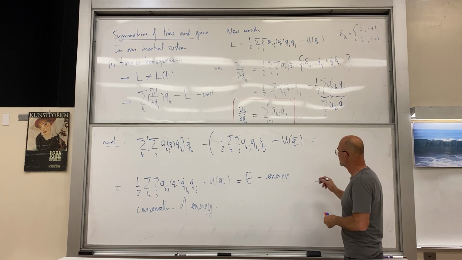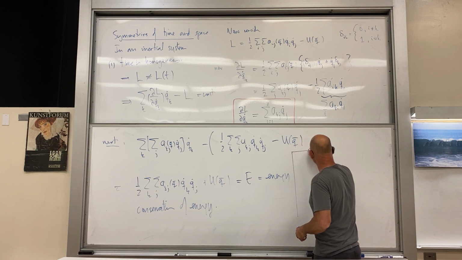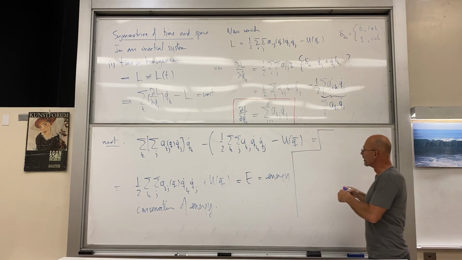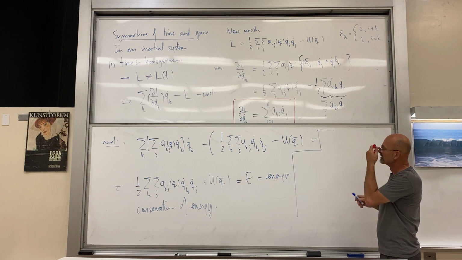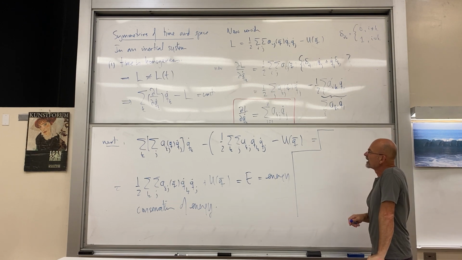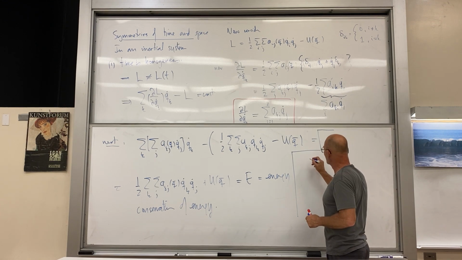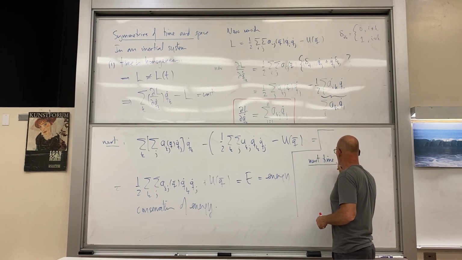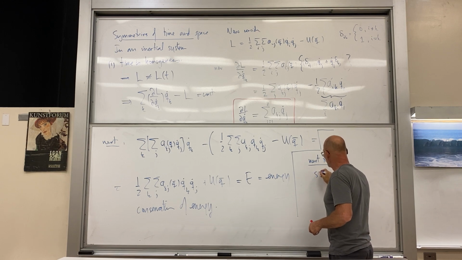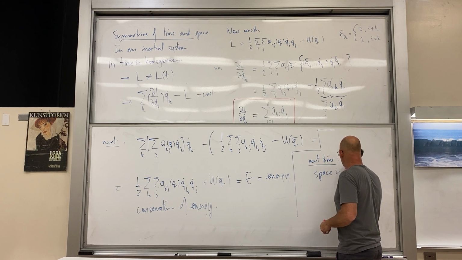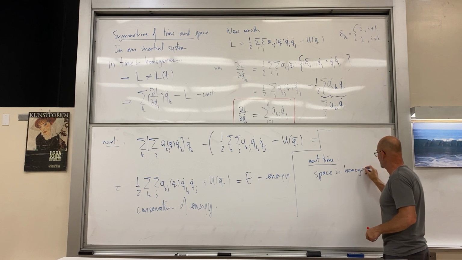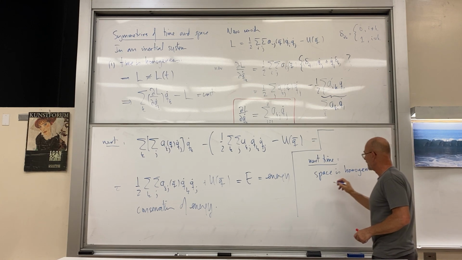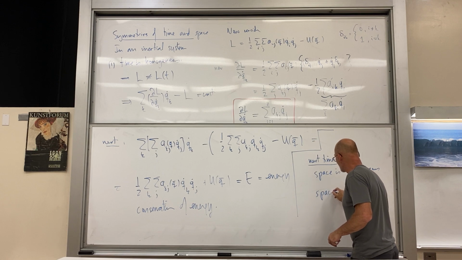Okay. And we'll make this be enough of the board. Maybe I'll make up a homework problem too. So next time, space is homogeneous and space is isotropic.